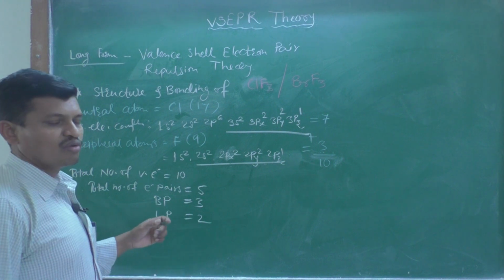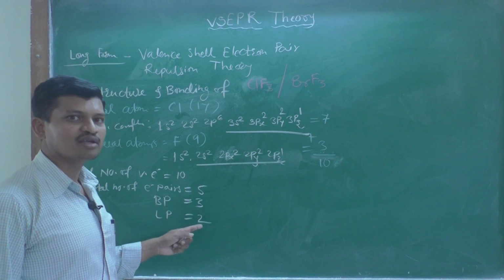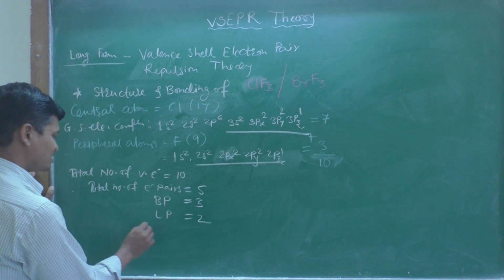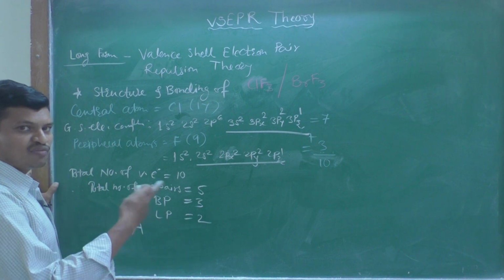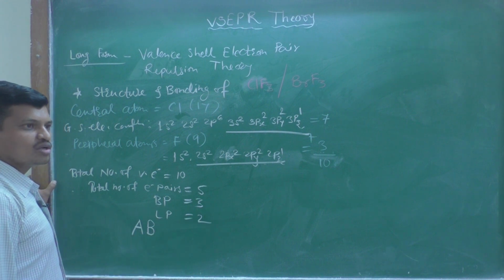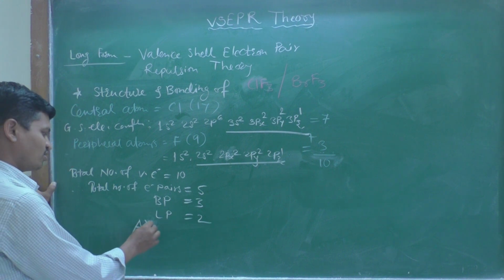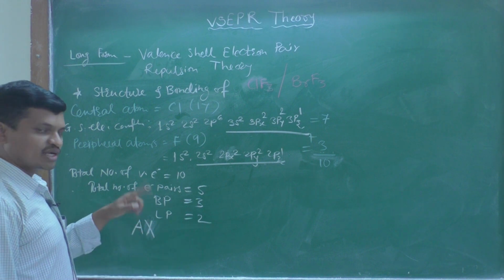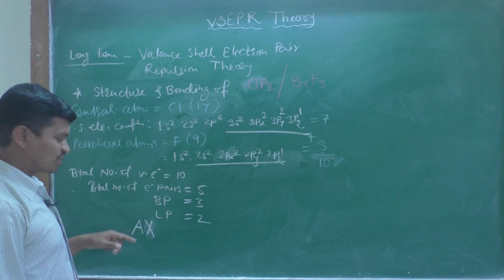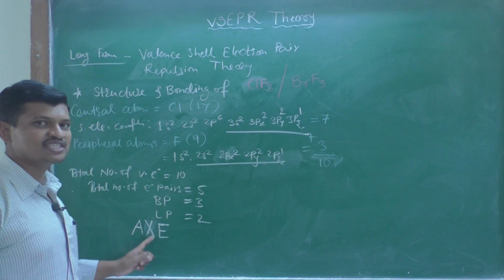So VSEPR theory predicts the type of molecule on the basis of the number of bond pairs and lone pairs of electrons. The central atom is treated as A, the peripheral atoms are treated as X, and the non-bonded electron pairs or lone pairs are treated as E, and hence this notation is called the AXE notation.